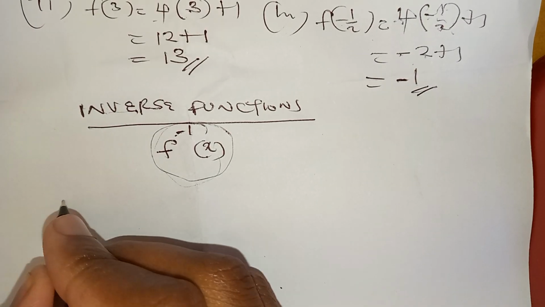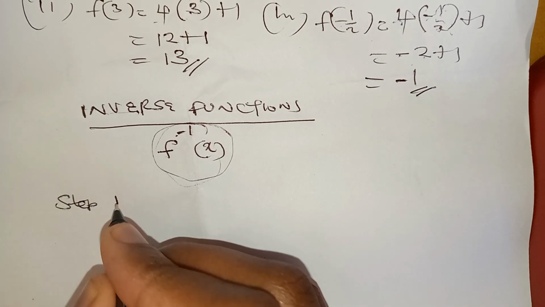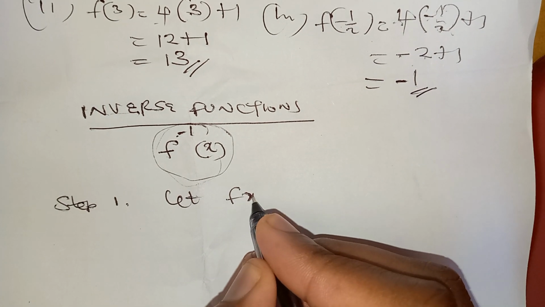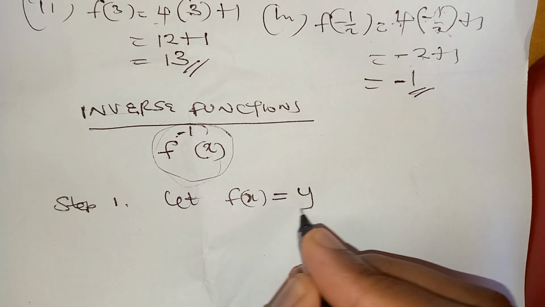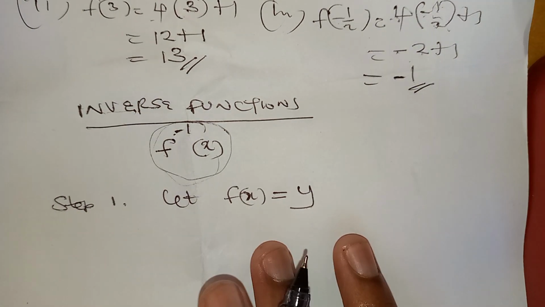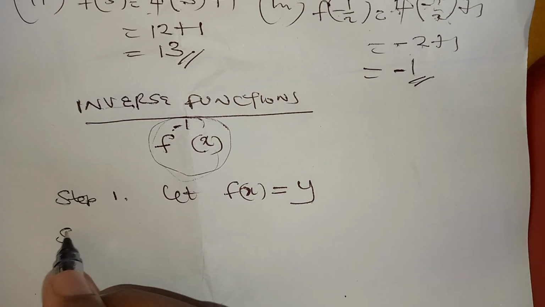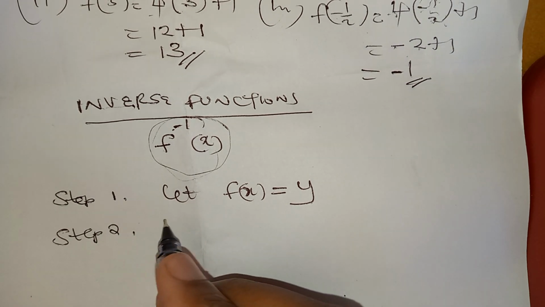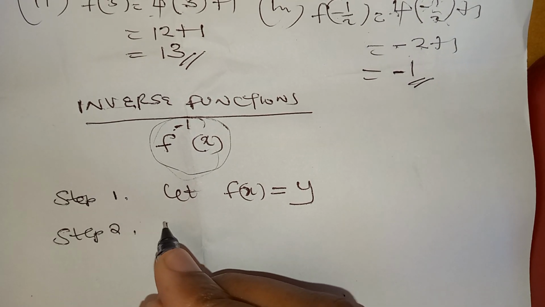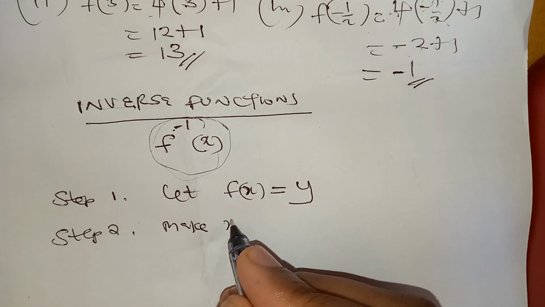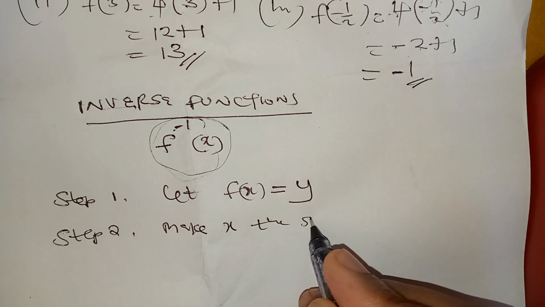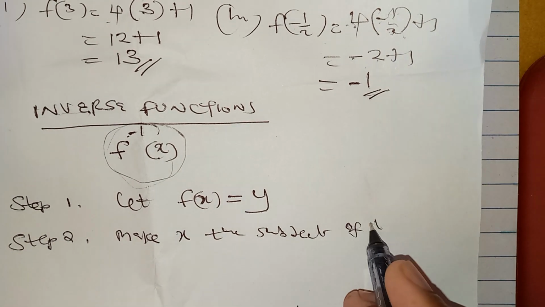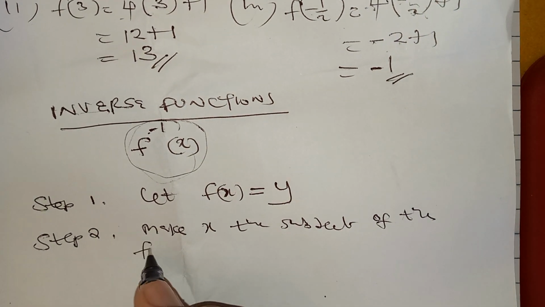Step one, you let the function f of x equal y. That's the first one. Then step two, you make x the subject of the formula.